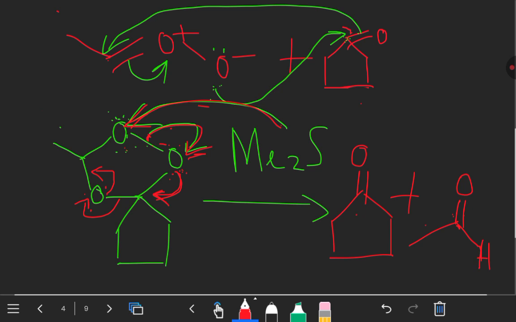So we have formed these 2 compounds now. We have a cyclopentanone and also an aldehyde here, acetaldehyde. Okay, so we have this structure which is a cyclopentanone, which is this. So this is the structure we are going to form in this reaction. So they said write the products which are formed in this reaction.